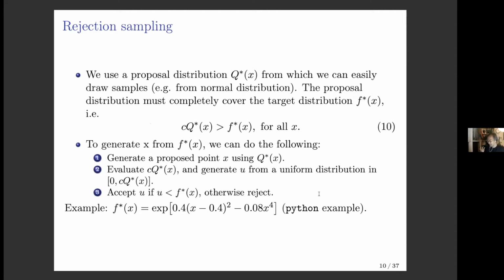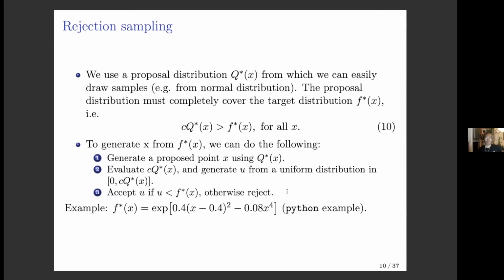Now we use what we call a proposal distribution, from which we can easily draw samples, let's say using inverse transform sampling, or generating from a normal distribution.